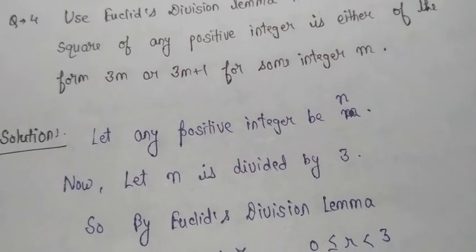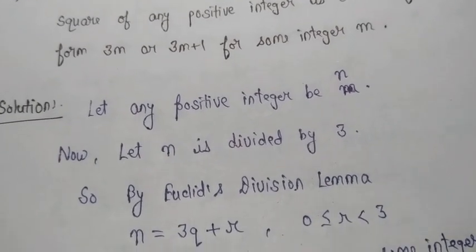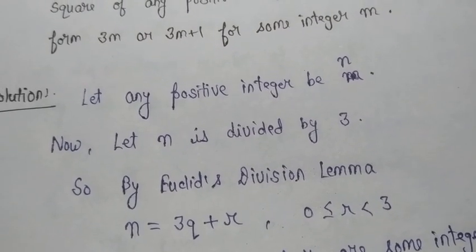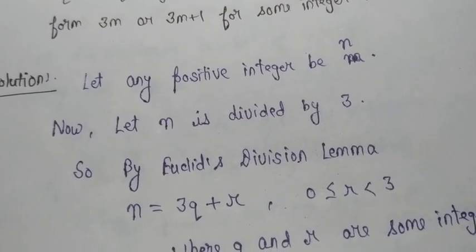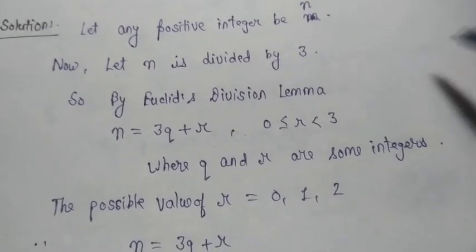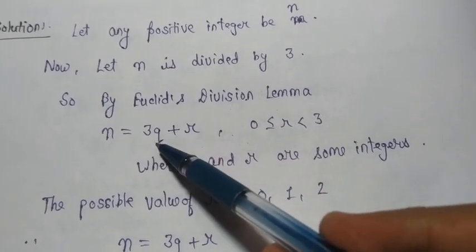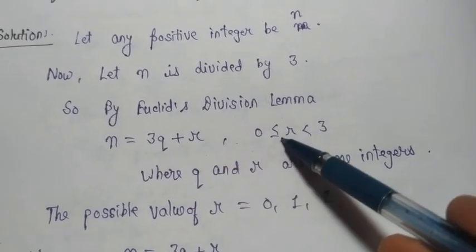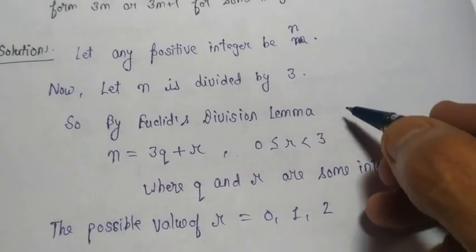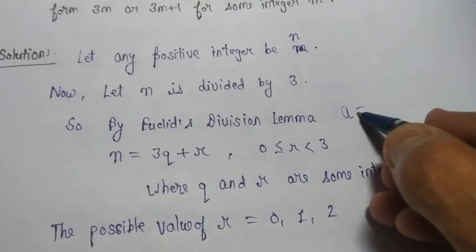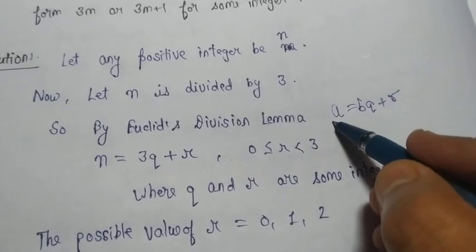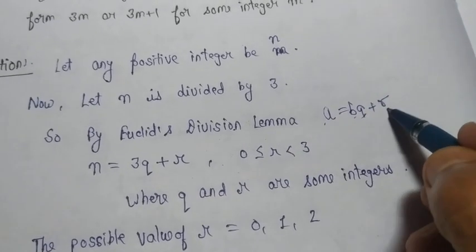Now students, we have to apply Euclid division lemma, and in Euclid division lemma we make use of two numbers. One number is known as dividend and the other number is known as divisor. So with the help of Euclid division lemma, I have written n is equal to 3q plus r, where r is greater than or equal to 0 and less than 3, because you know Euclid division lemma is a equal to bq plus r, where a is dividend, b is divisor, q is quotient and r is remainder.